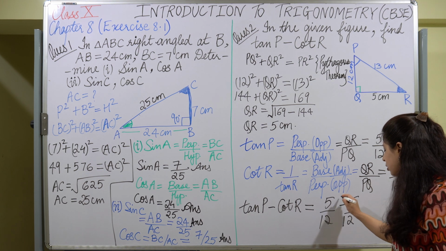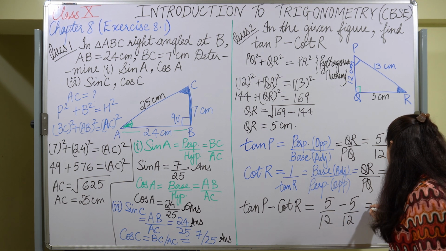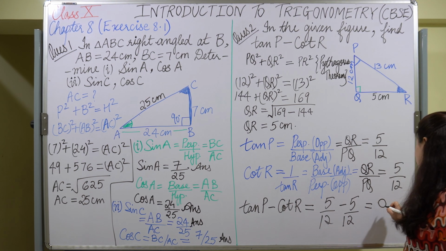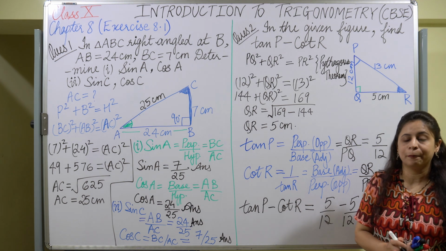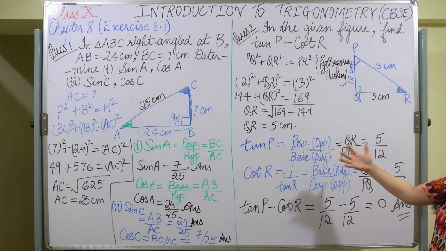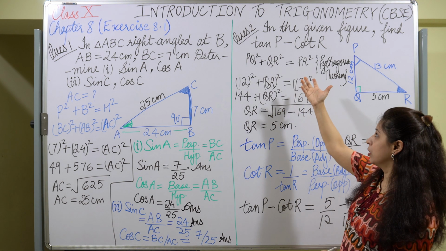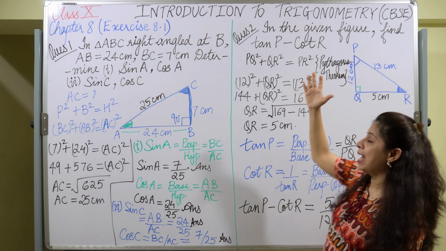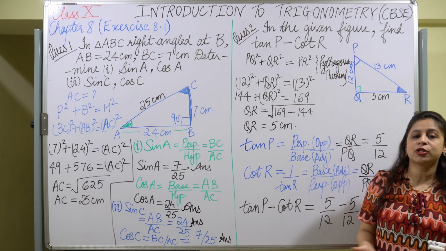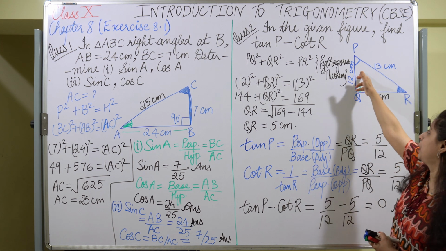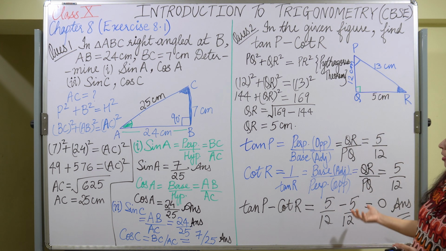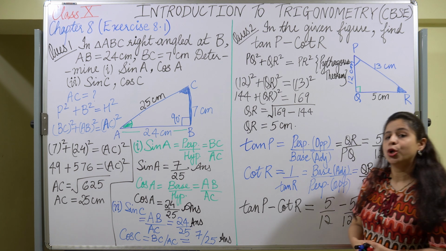So that means this gets cancelled and we get 0 as our answer. Here in the question it was given tan P minus cot R. Any expression can be given by taking the angles P and R. So in this manner we need to proceed with the question.